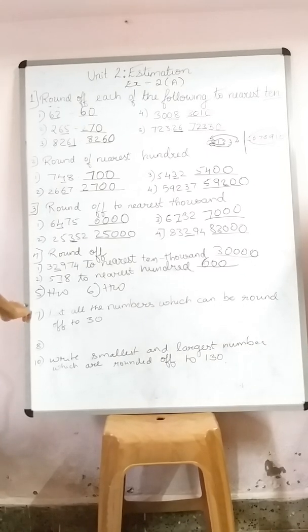Next we have: list all the numbers which can be rounded up to 30. Now, which are the numbers which can be rounded to 30? Let us see.